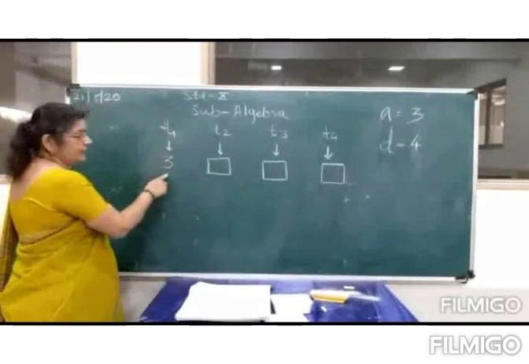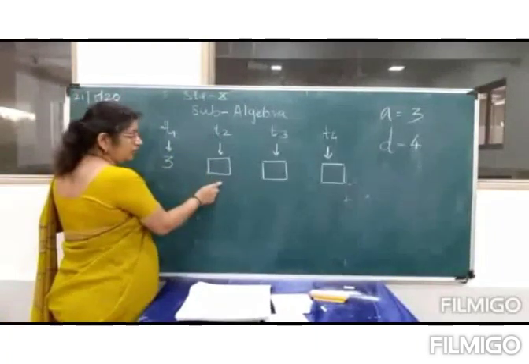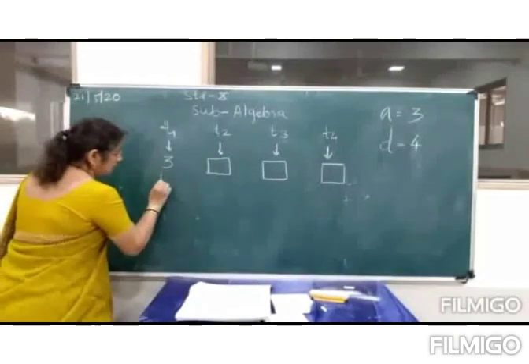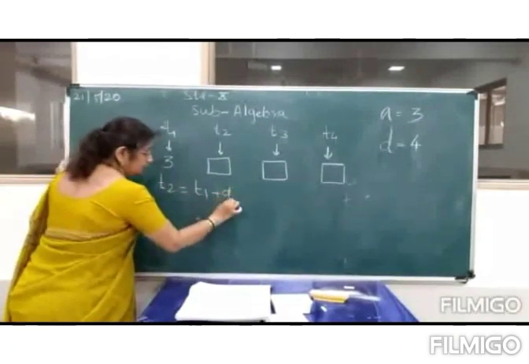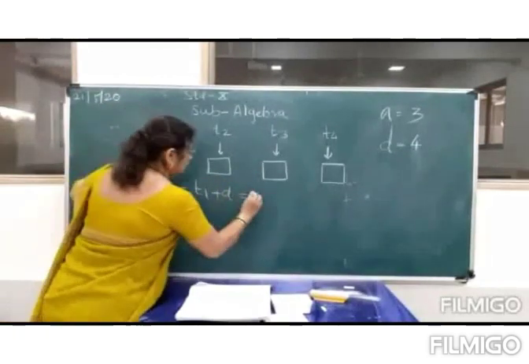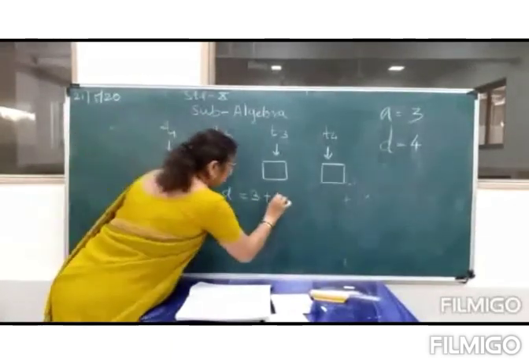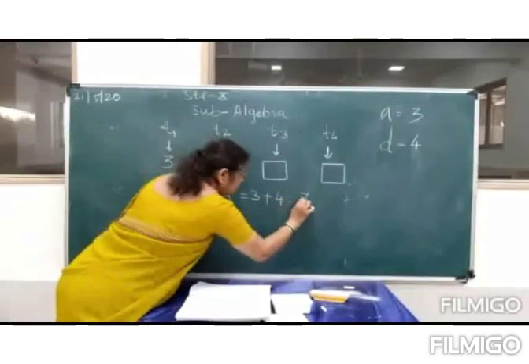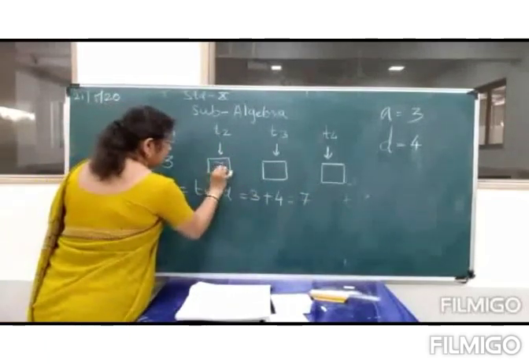Now here T1 is 3, right? We have to find out the value of T2. Now here T2 is equal to T1 plus D. Then T1 is 3 and the value of D is 4. So 3 plus 4, 7. Then what will I write here? 7.